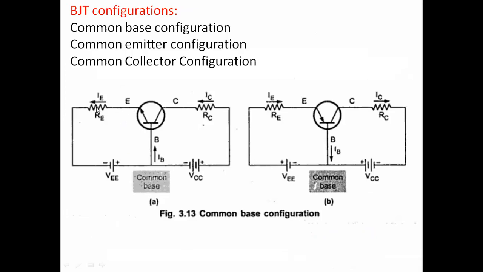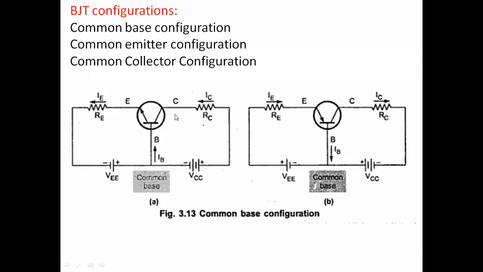If you observe, this is the VEE applied voltage. If you measure the voltage across E and B, that becomes VBE, and the current in the emitter is IE. And if you measure the voltage across the collector and base terminals, that becomes VBC. Okay.